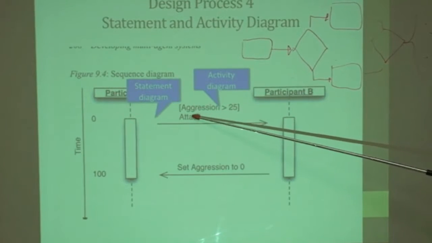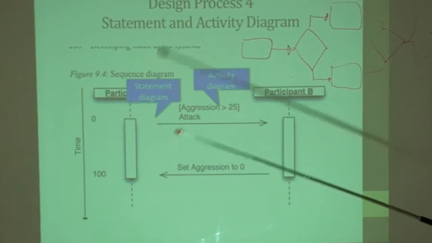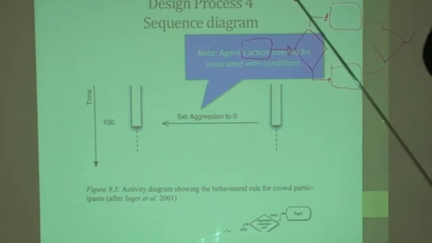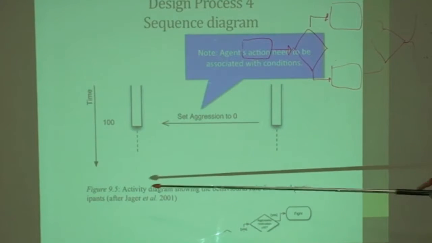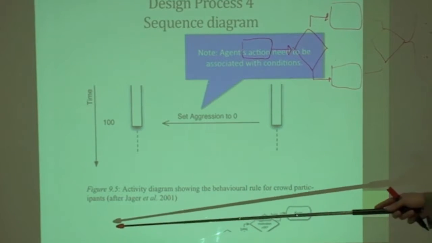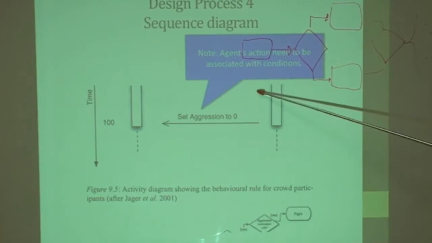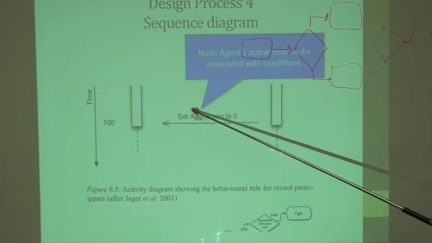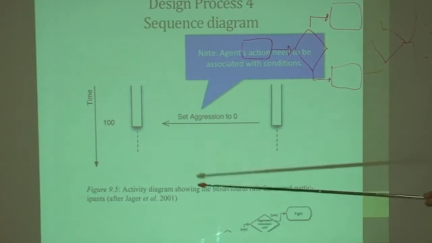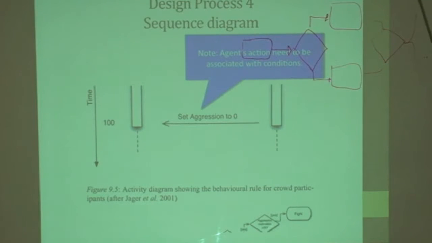The activity diagram, crowd participation, participants. This example is the crowd. This is the dynamics of this model.